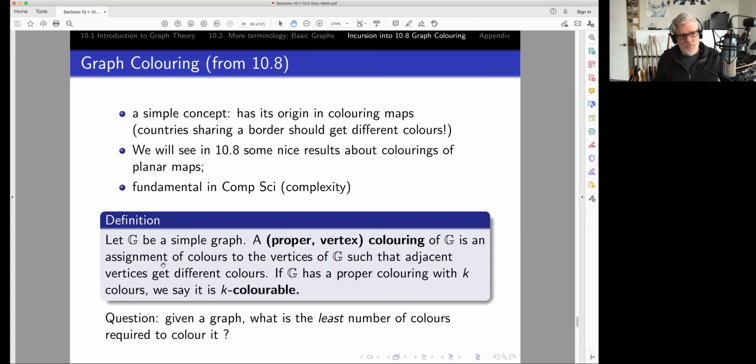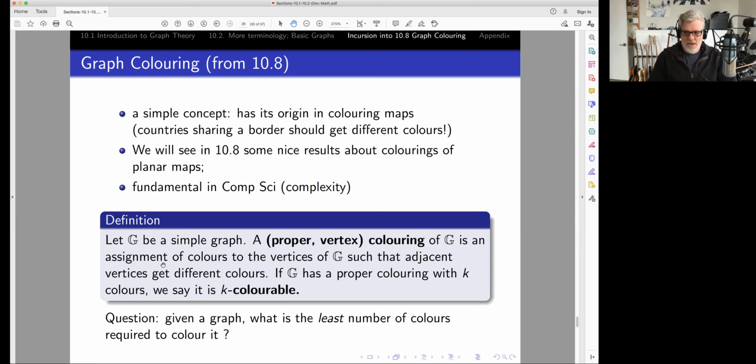And somebody at some point asked, oh, but when you have these maps, can you always just use 4 colors and it will always work? It took like 150 years to answer the question. And this is the origin of these coloring problems, but they turn out to be much more universal than just coloring maps.